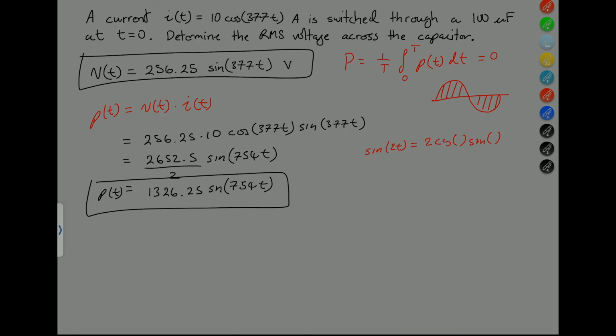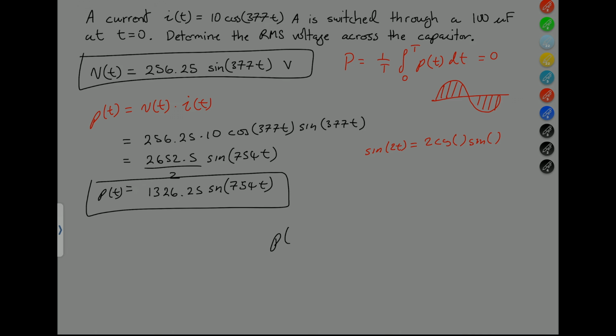So let's look at our average power, and let's look at T. So if T is equal to 1 period, in LTspice.